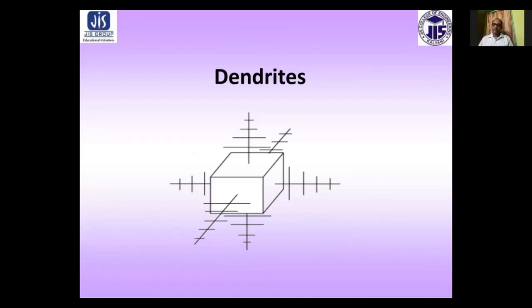The mechanism of dendritic growth is as follows. If the metal has a cubic lattice, the nucleus has a number of equivalent crystallographic directions along which crystal growth may occur.